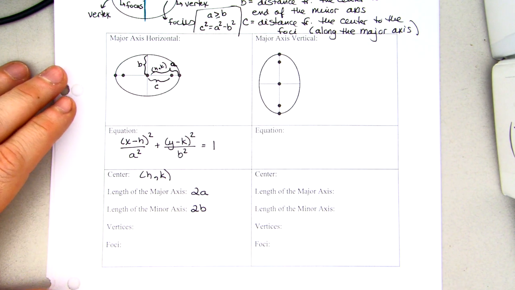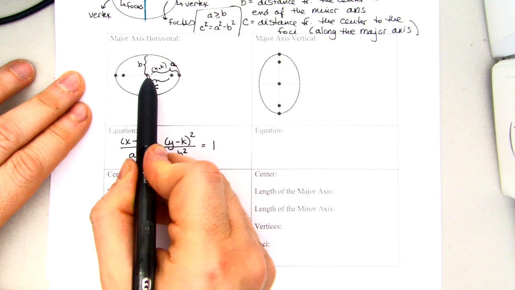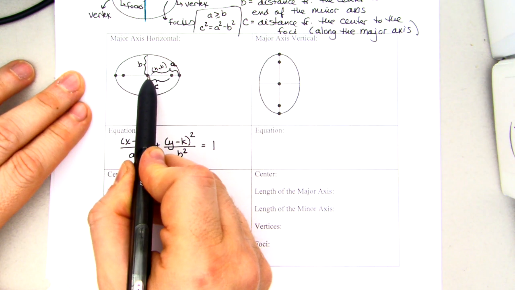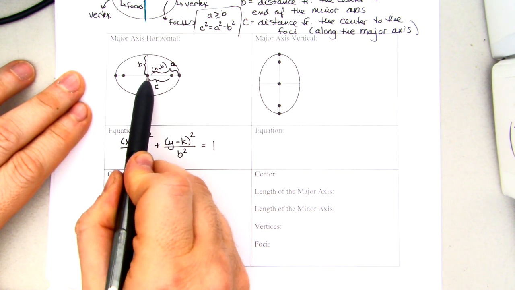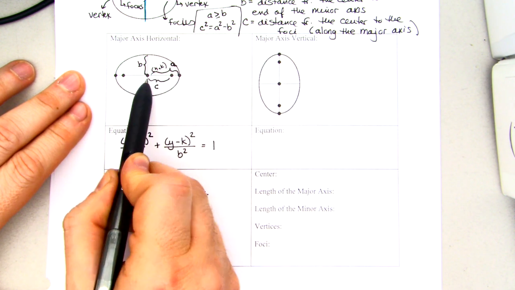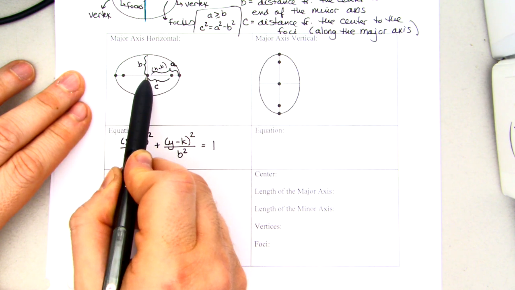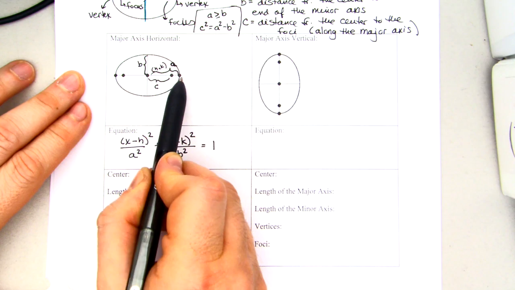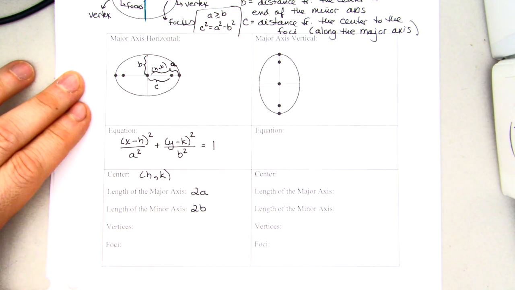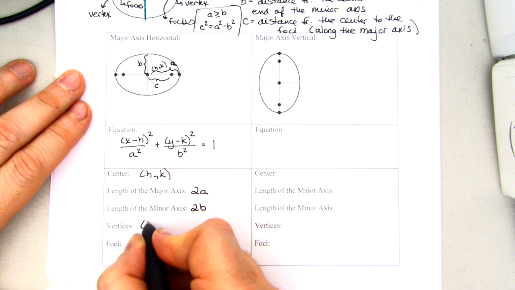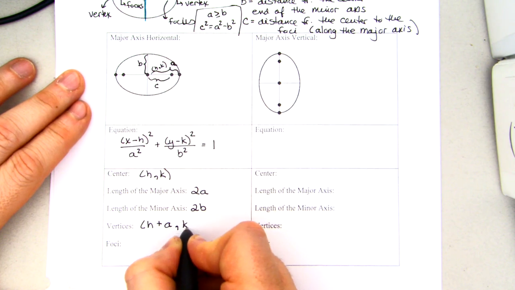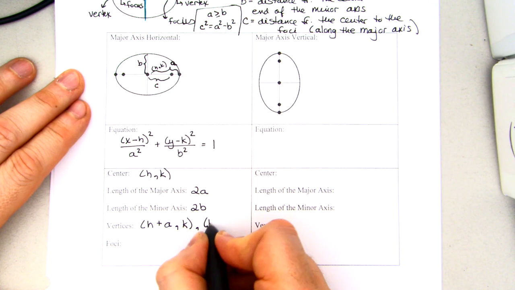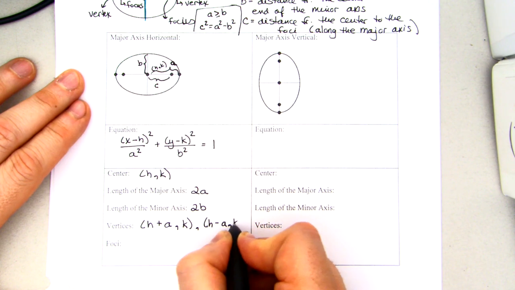The coordinates of my vertices, well, I'm taking my center, I'm adding my a value, my distance from the center to the vertex, and I'm subtracting my a value, and I'm applying this addition and subtraction to, if I'm dealing with our horizontal ellipse here, the x value, the h value. My vertex is h plus a, comma k, and h minus a, comma k.